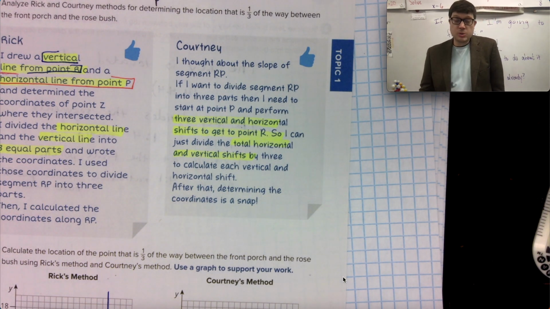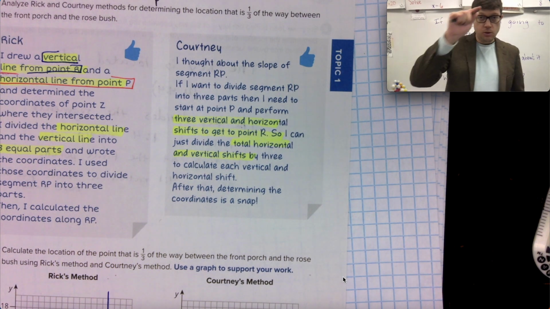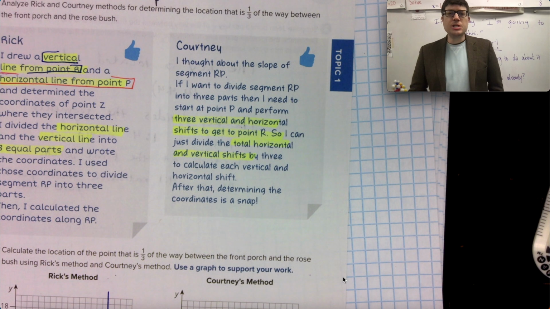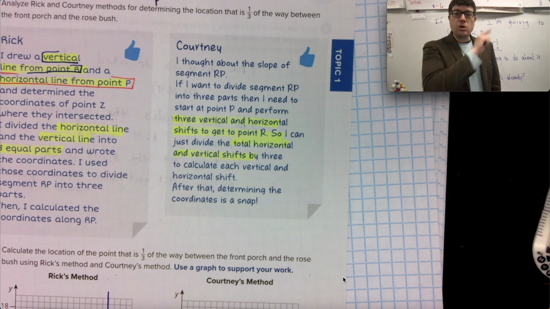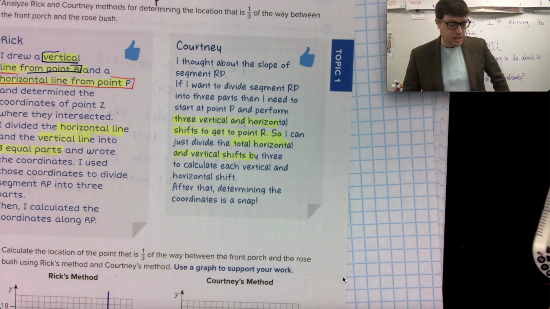That's what 1/3 means. She divides the horizontal and vertical shifts by 3 to calculate each of the little vertical and horizontal shifts, and then determines the coordinates after that.